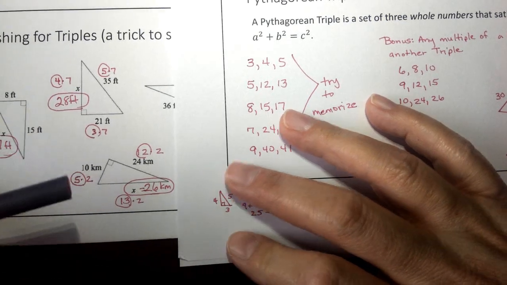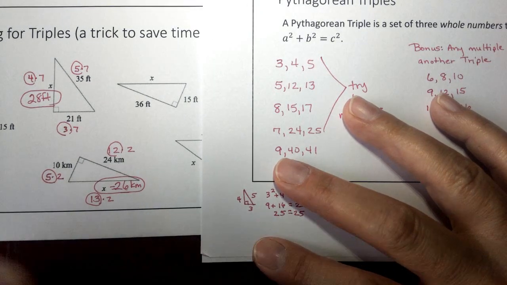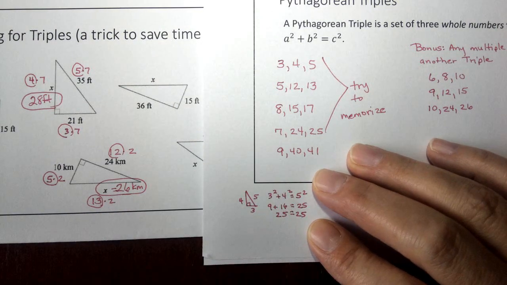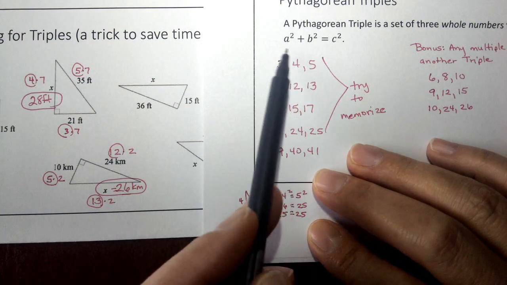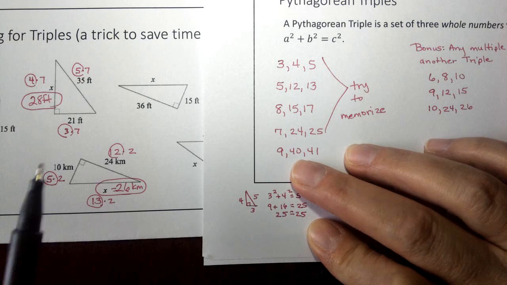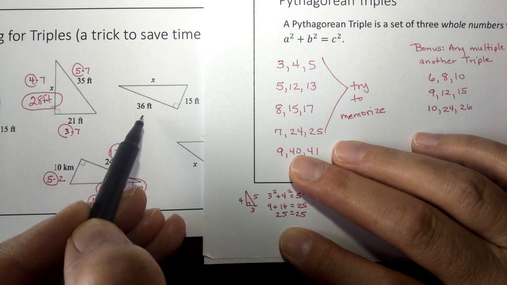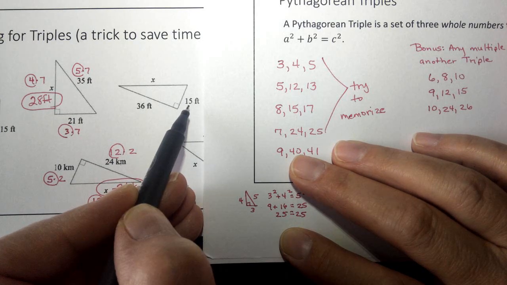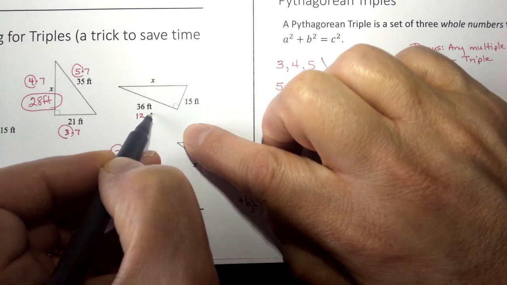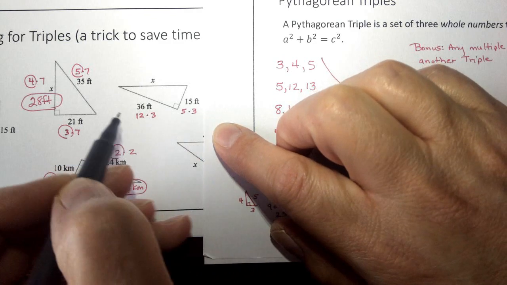So the next one here is 36 and 15, not in my list. Now remember, we need to memorize at least the first 4 of this list. It's not in the list, so I'm going to look for a multiple. What will divide evenly into 36 and 15? 3. 36 is 12 times 3. 15 is 5 times 3.